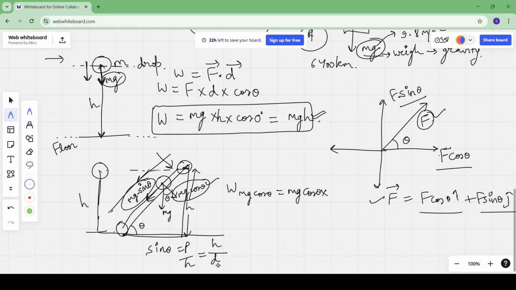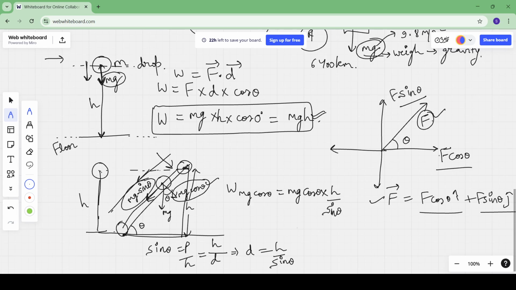So if I need this displacement, d is h over sine theta. This is the displacement which this ball will cover as it moves from the initial point to the final point. So I have to write h over sine theta here.